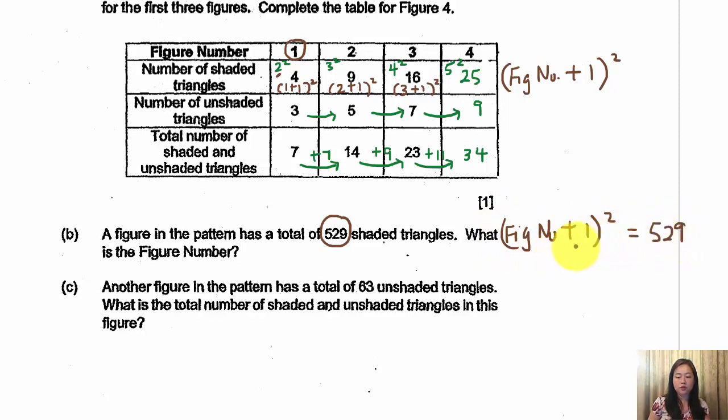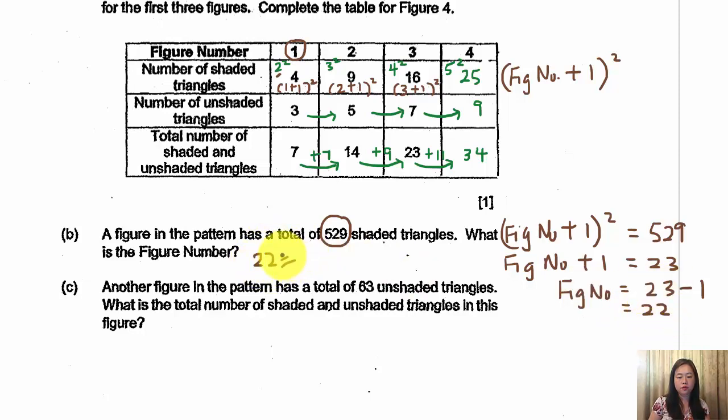So if we square root 529, it will be figure number plus 1, and this is actually 23. So figure number will be 23 minus 1, which is equal to 22. So the answer for B is actually 22.